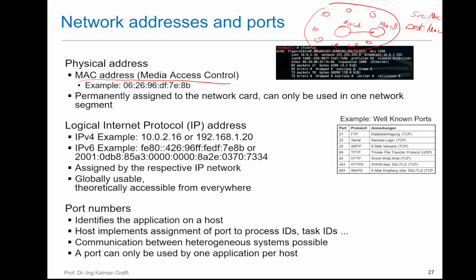And then on a global scale, we have the IP address that is globally routable. So these are some kind of IPv4 addresses. That these ones are local. These are some IPv6 addresses. They are typically hierarchically assigned.